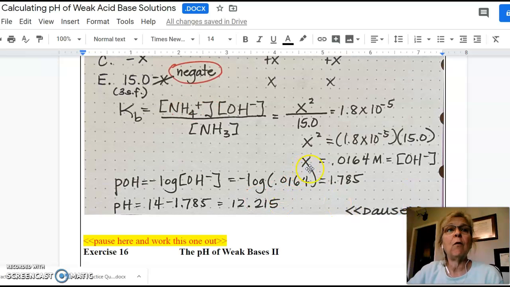We're able to solve for X, in this case the hydroxide ion concentration, and then we plug that into the negative log of hydroxide, giving us pOH, and subtract it from 14, giving us the pH.